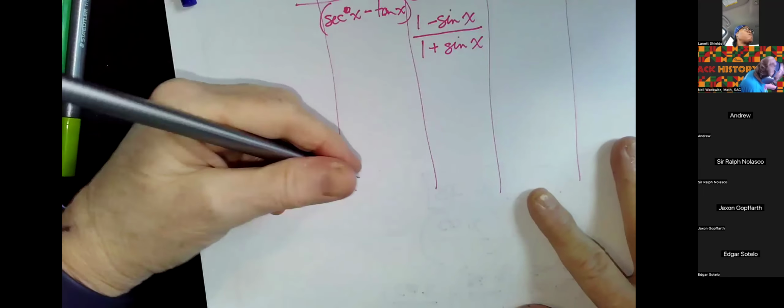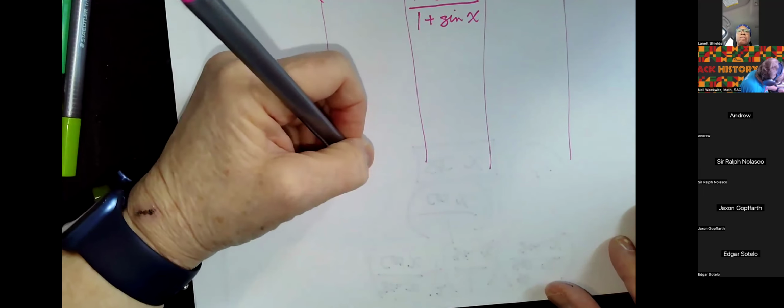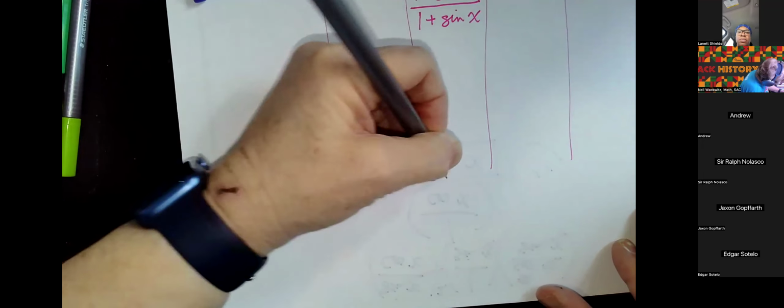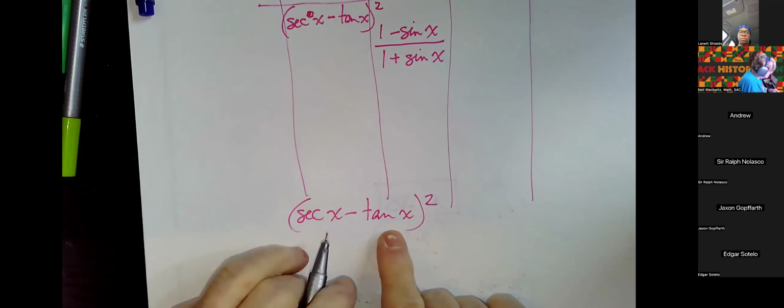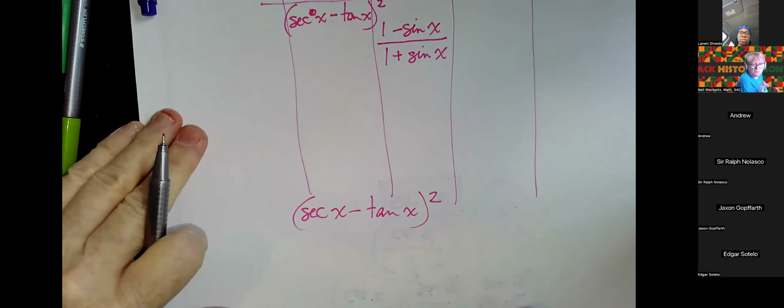So let's start. We've got secant x minus tangent x all squared. And what trig function is in the goal? Sine. Fine. Can I write tangent in terms of sines and cosines? Yes. Can I write secant in terms of sines and cosines? Just cosine. Right. So what do they both have in their denominator if we write them in terms of sines and cosines?